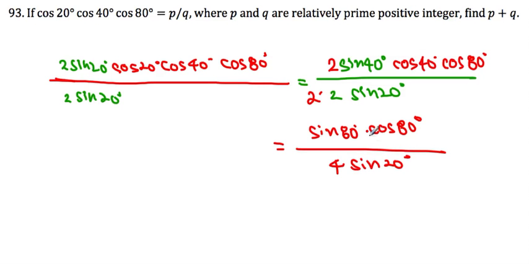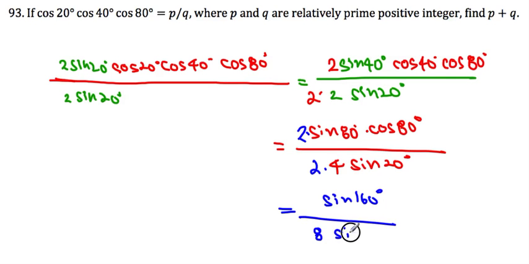Now once again, this calls for the previous case. So if I multiply top and bottom by 2, then the numerator becomes sine of 160, while the denominator becomes 8 times sine of 20.